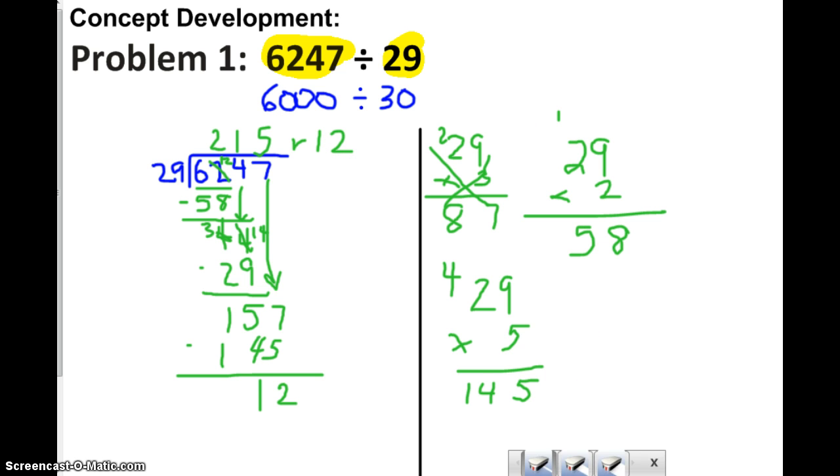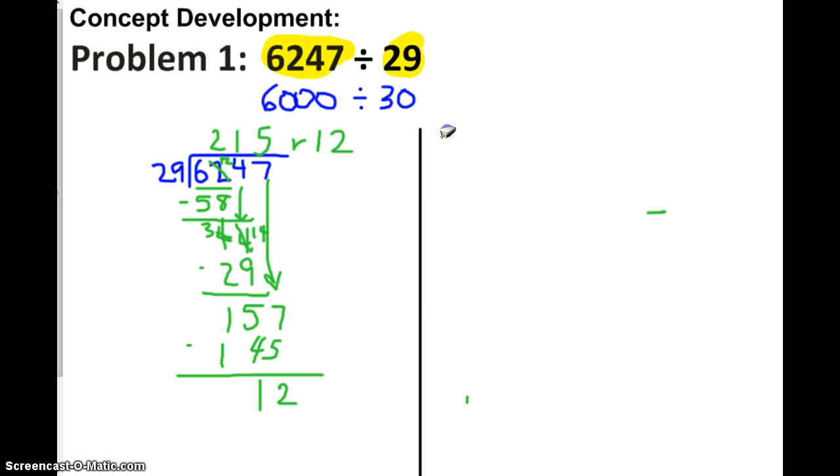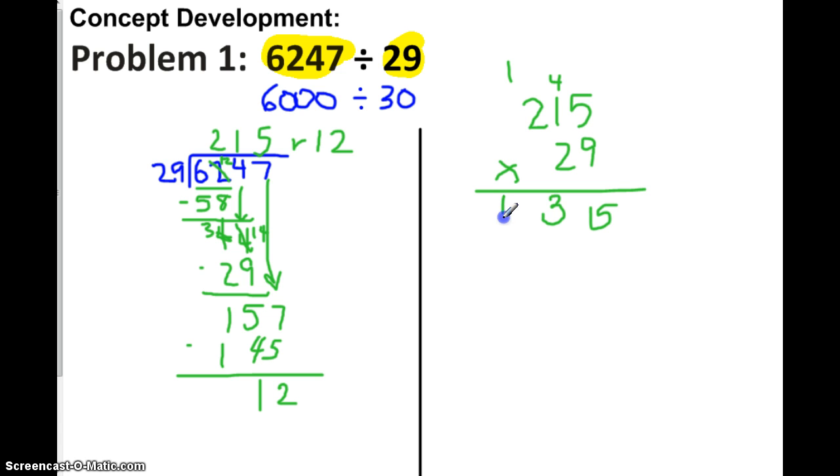Good. All right, so now if we're going to check this, let's do the check. Okay, so we have 215, which is the quotient, times the divisor. 5 times 9 is 45, carry a 4, 13, carry a 1 is 19. Hold my place because I'm in tens. 2 times 5 is 10.